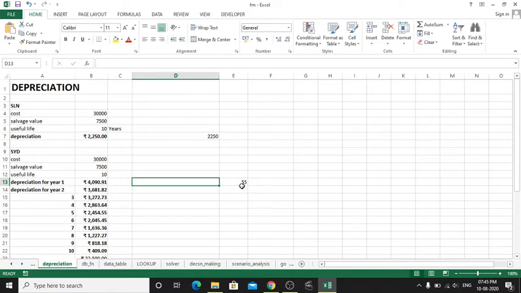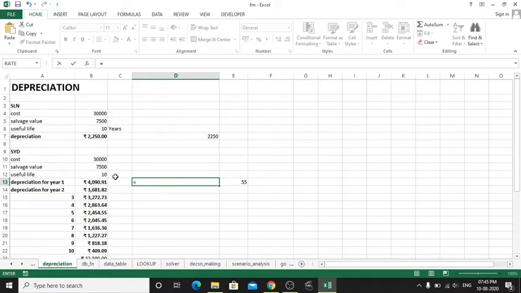So now we have the sum of years digit here, that is 55, and let's see how the depreciation is calculated year by year. So equals, any formula should begin with an equal sign, right? The first one is for year 1.